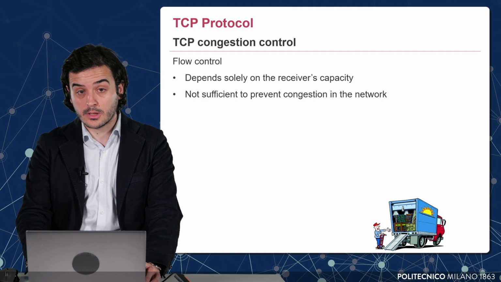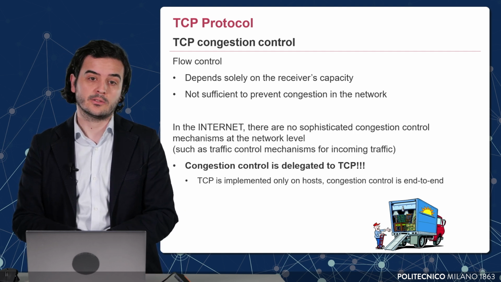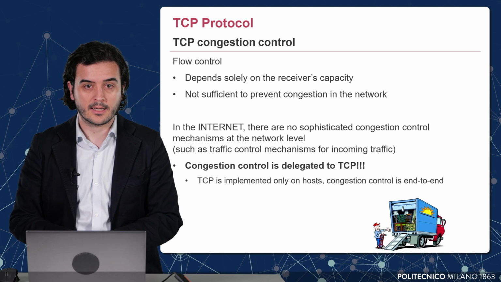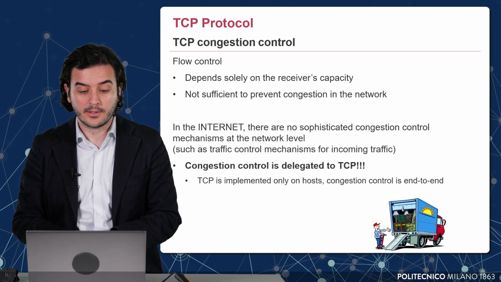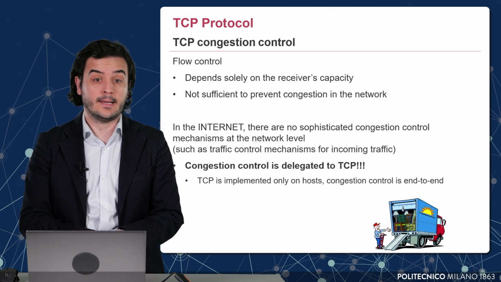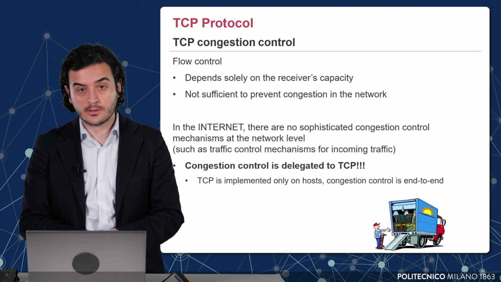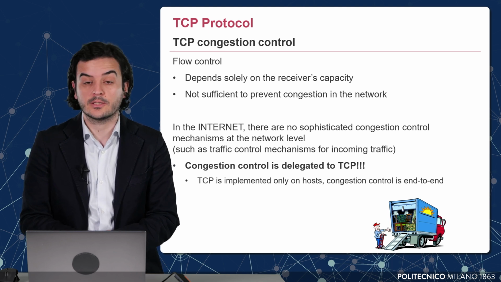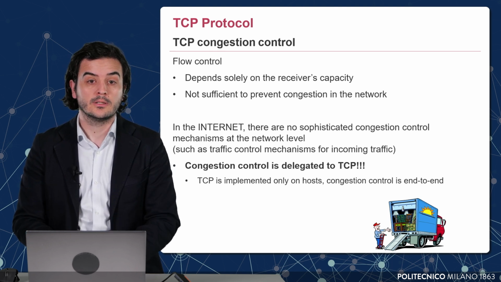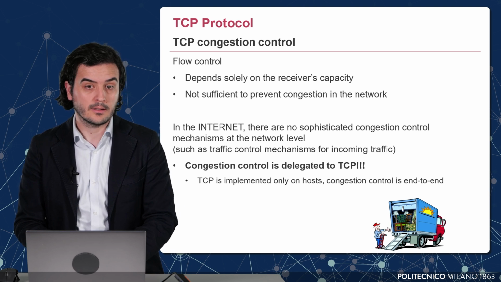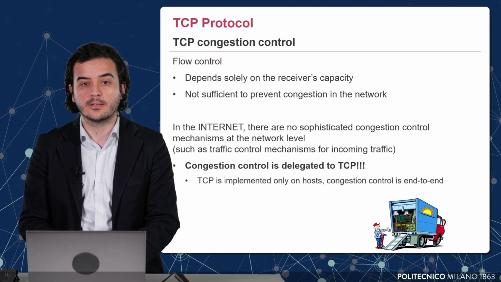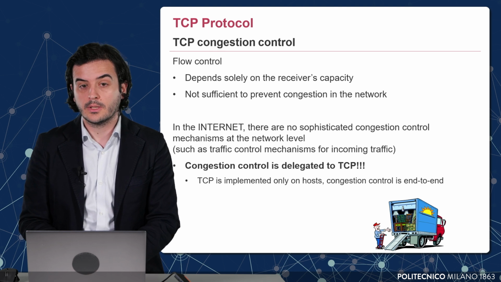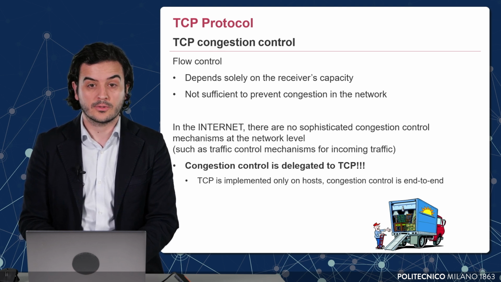In fact, even the lower layers of the TCP/IP protocol stack are not sophisticated enough to handle scenarios of congestion control, and hence the task of handling congestion control has been handed to TCP as the main transport protocol. TCP itself is implemented on hosts and hence allows the congestion control task to be done in an end-to-end fashion.